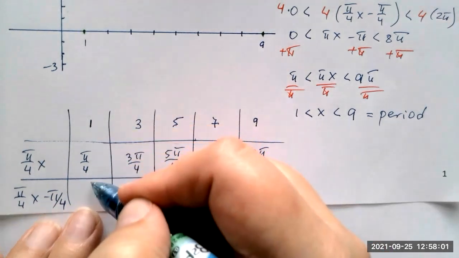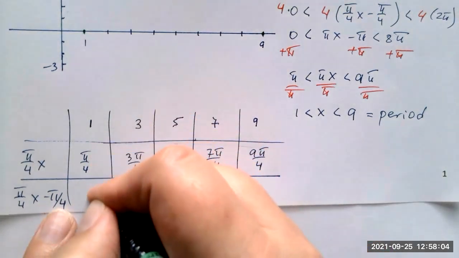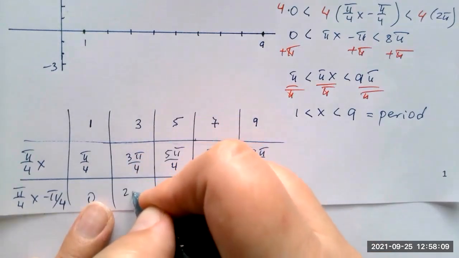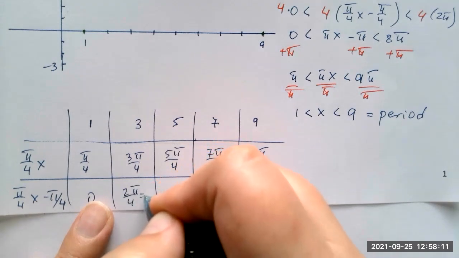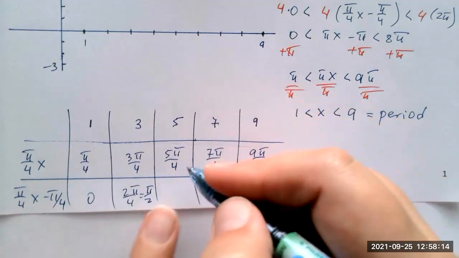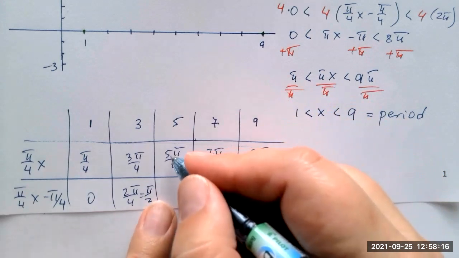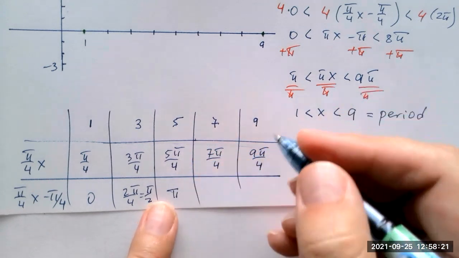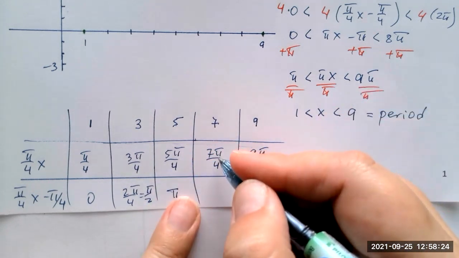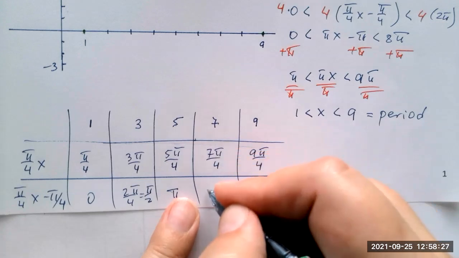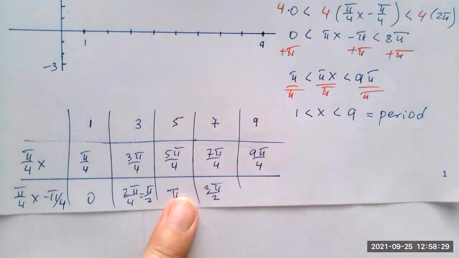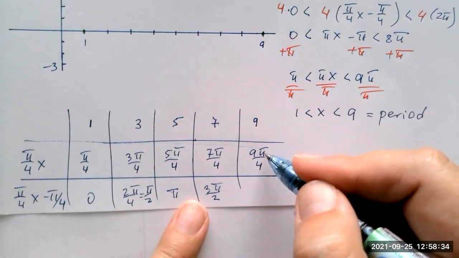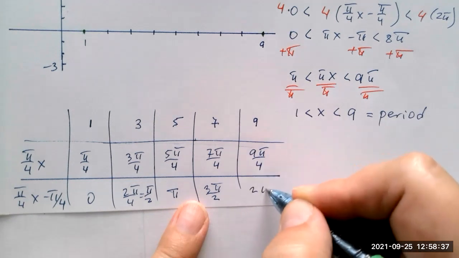And so pi over 4 minus pi over 4 is 0. Pi over 4 minus 1 pi over 4, 2 pi over 4, or just pi over 2. Here we have 5 pi over 4 minus pi over 4 is 4 pi over 4, which is just pi. Here we're going to have 6 pi over 4 or 3 pi over 2. And here 8 pi over 4, which is going to be just 2 pi.